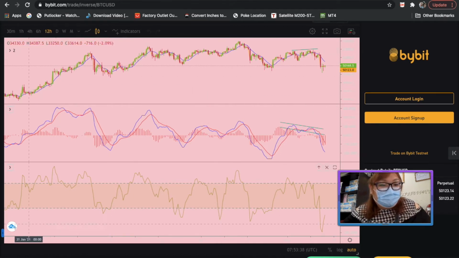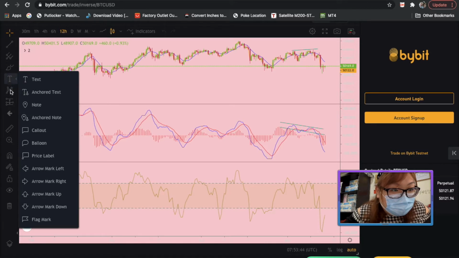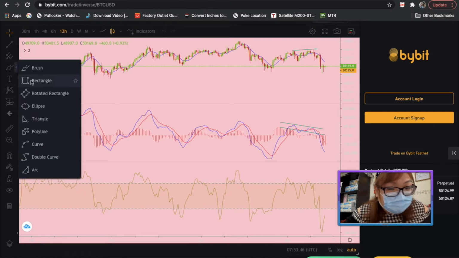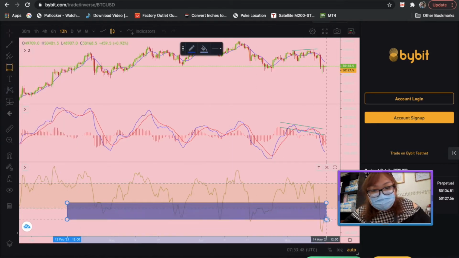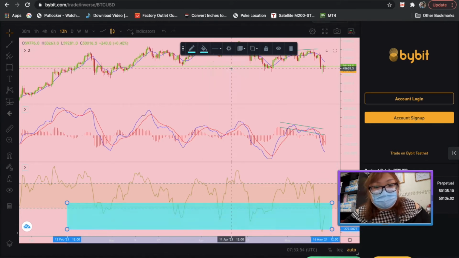Now look at here, particularly this area here on the CCI. Let's change it.